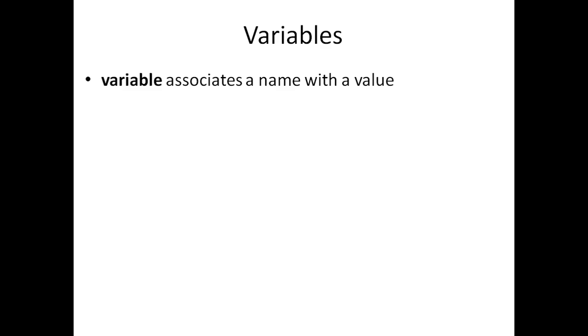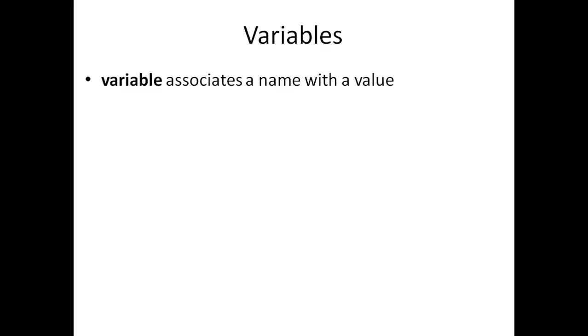There will be many digits, 3.1473, and it will go on. It is very difficult to remember that value. Instead, if you simply name it using a variable like pi, it is easier to remember the name rather than the value.